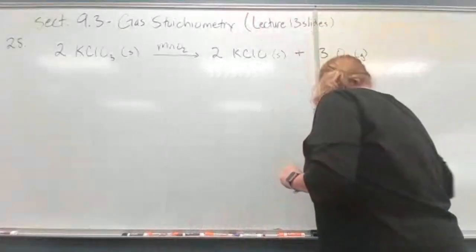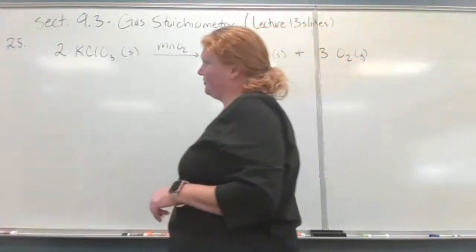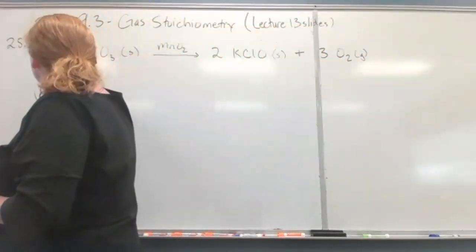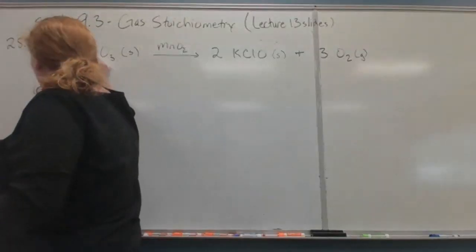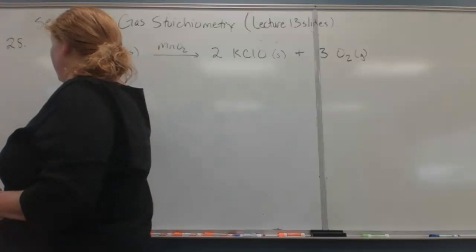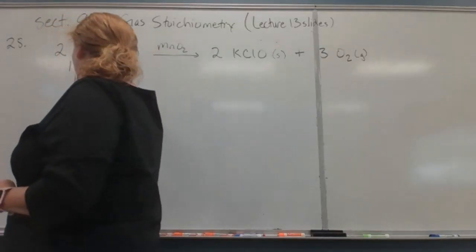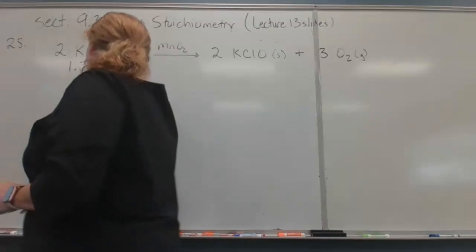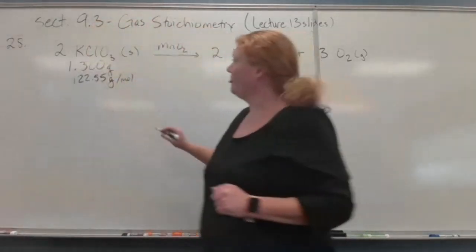stoichiometry. I went ahead and in the problem gave you the molar mass of potassium chlorate, but if I didn't, you would have to add it up for yourself. 122.55 grams per mole, right?